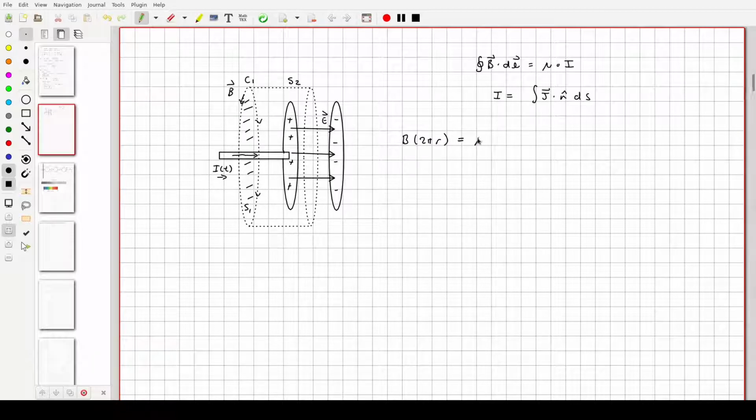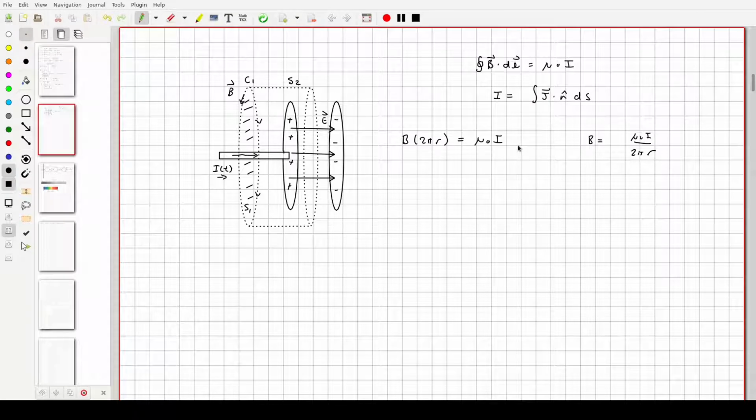And on the right-hand side, I'd have mu naught times I, and you'd get the result that you expect for the magnetic field due to a long straight wire carrying current, mu naught I over 2 pi r.